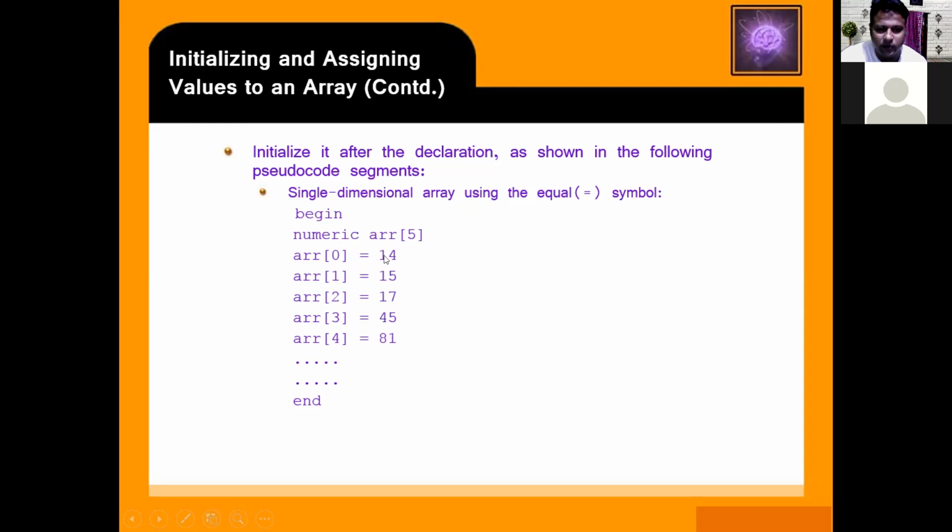If you count as a size, it is 1, 2, 3, 4, 5. So 5 values you have to store in the array on the basis of the index number. The array index starts from 0: 0 is 14, 1 is 15, 2 is 17, 3 is 45, 4 is 81.